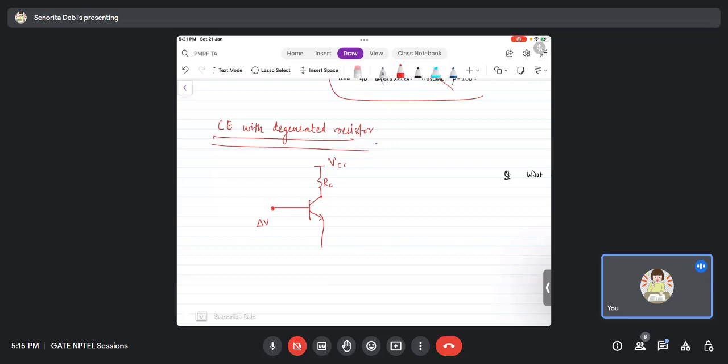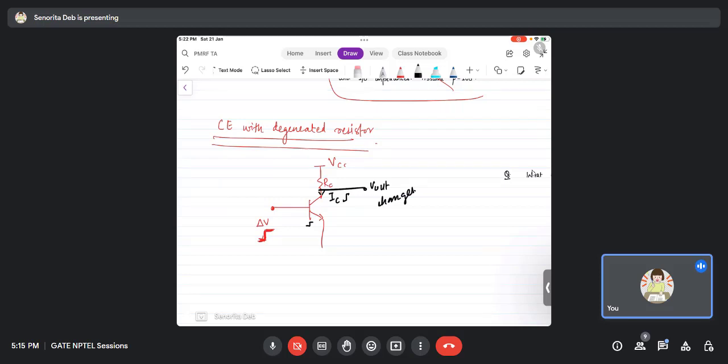Now this delta V variation will appear as a small variation in VBE, and if there is a small variation in VBE, then IC will also vary by a small amount, and therefore your output voltage changes. Now if this variation is because of the temperature variation or due to any external noise, then that affects your VB. That is an unnecessary output.